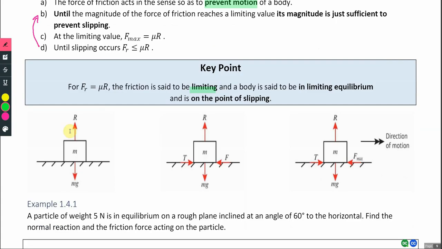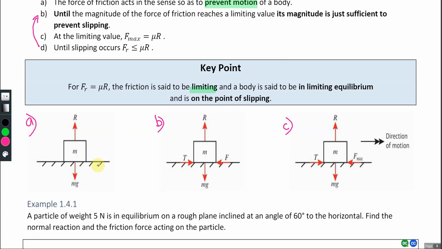Now let's look at the three diagrams we have here. I'm going to label them A, B and C. So diagram A, diagram B and diagram C. In diagram A, an object is sitting on a horizontal surface. There's the reaction force R and the weight of the object mg, and there's no other forces, so therefore there's no horizontal movement and there's no friction needed here.